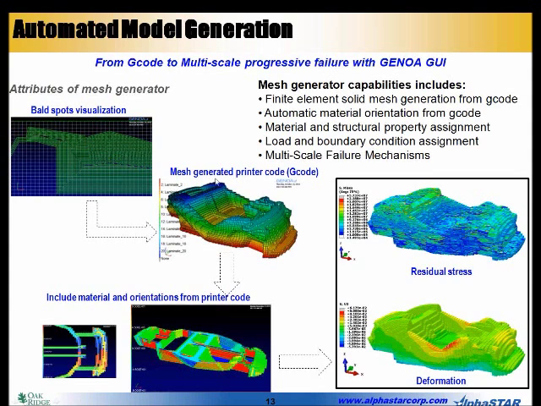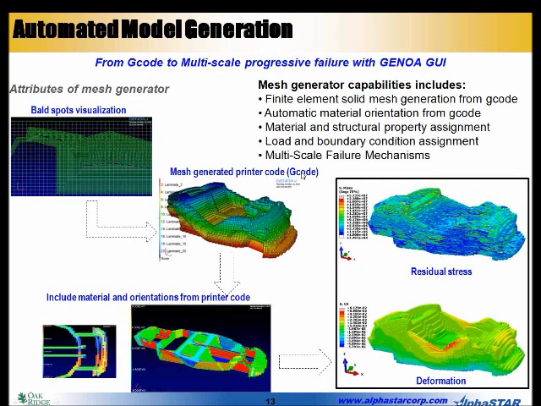Using this information, a mesh is generated, including all the material orientations, which are basically included by including the orientations of the machine head. Between every layer, we have a cohesive behavior that enables us to analyze the delamination behavior during the production process, and also the thermal loadings from the previous heat analysis are added by the GUI in an automatic way on the model.